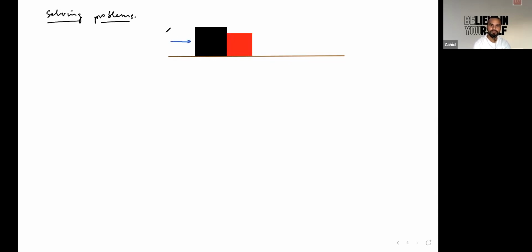A force of 12 Newton is applied along this direction, and a force of 2 Newton is applied along this direction. Let's say this block is of mass 3 kg and this is of mass 2 kg. Let's say this is A and this is B. So we have to calculate the normal reaction between A and B.